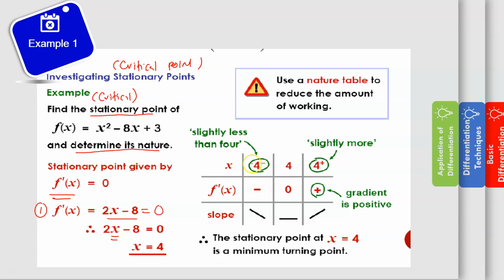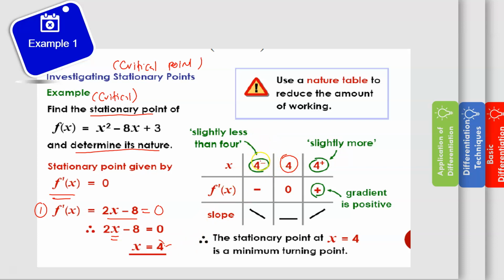And then we need to determine its nature. How to determine its nature? You have to draw a table. So here we have in our table, if you refer to the previous concept, x, f'(x), and also slope. In the x row, we put our critical point, which is x = 4.